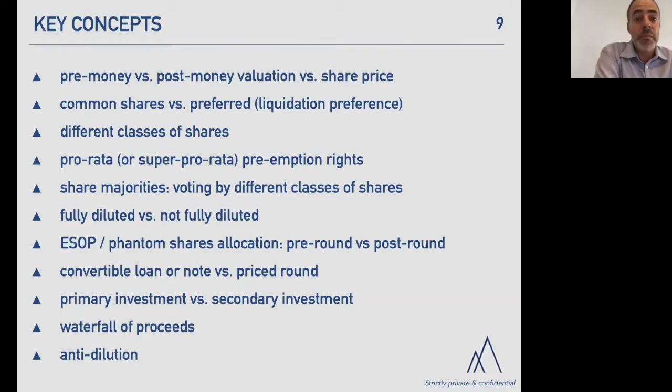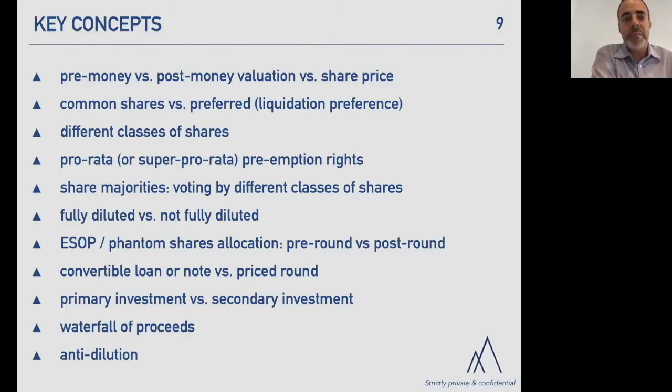Share price in that investment round will be the same for all shares. All shares are priced at the same price, right? What you do is that when you calculate the share price, the numerator and denominator will change.